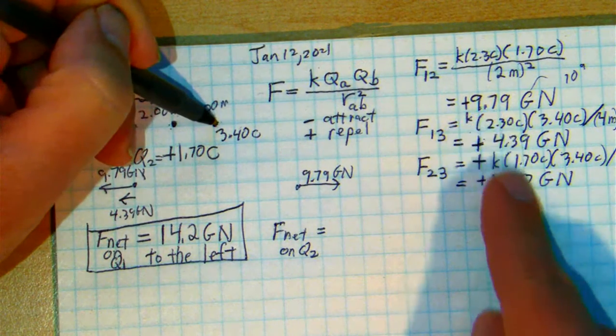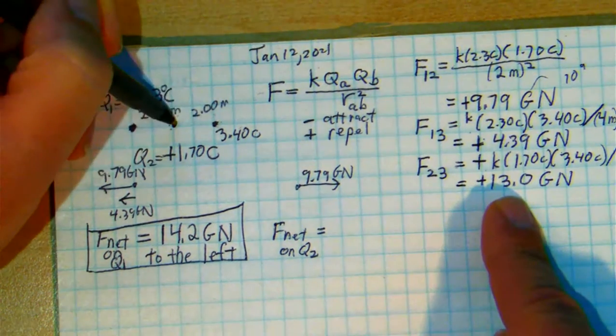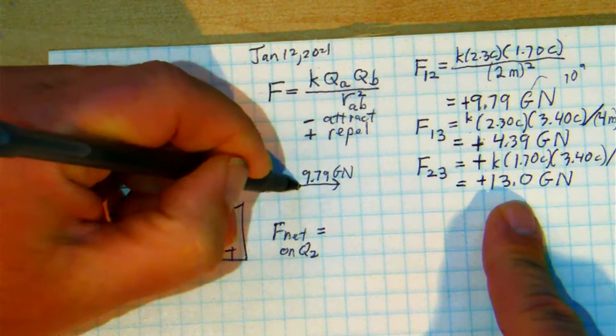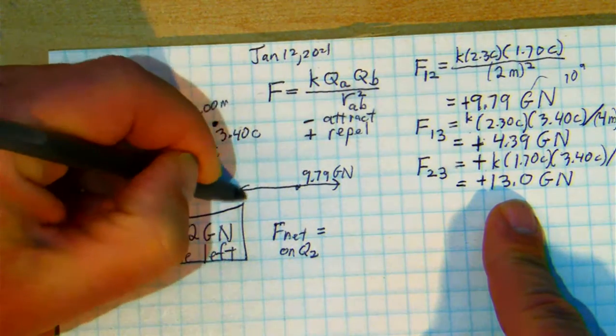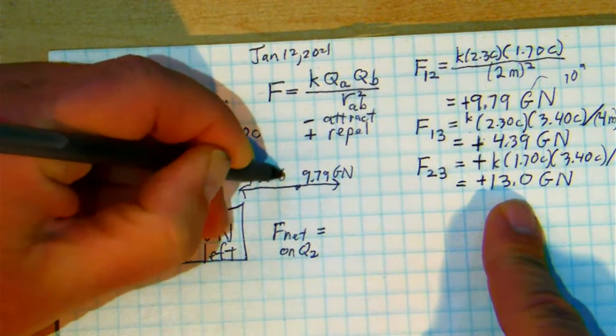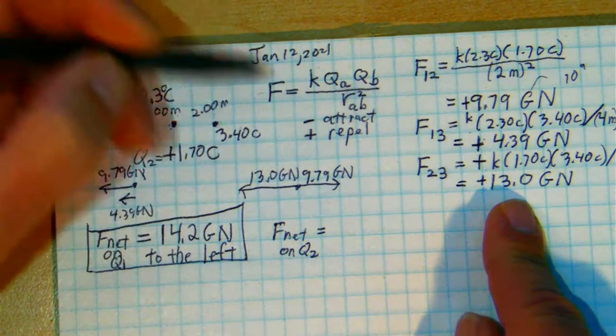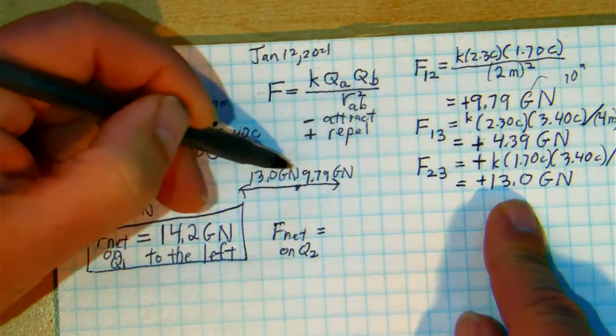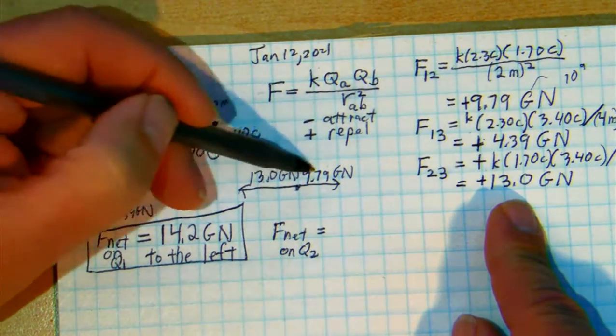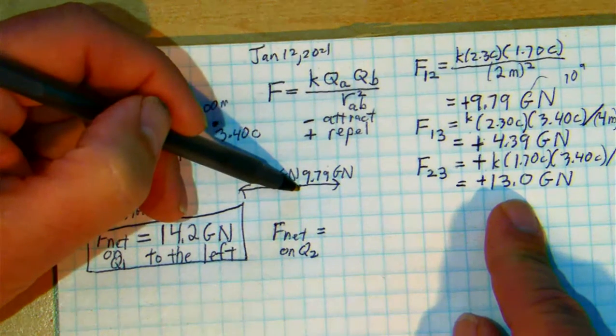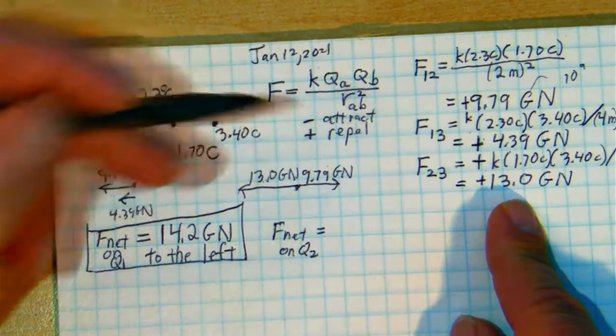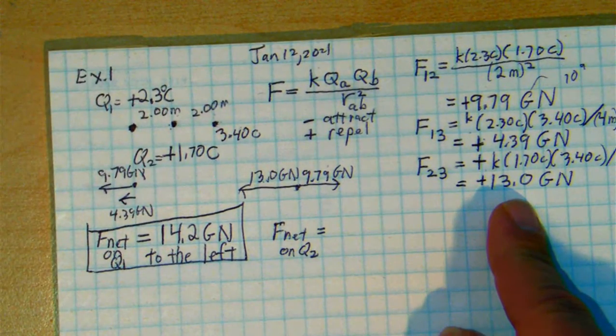Q3 is pushing Q2 to the left with a value of 13.0 giganewtons. So in this geometry, I don't add the 2 numbers together because they are in opposite directions. I have to subtract the numbers from each other. 13 minus 9.79.